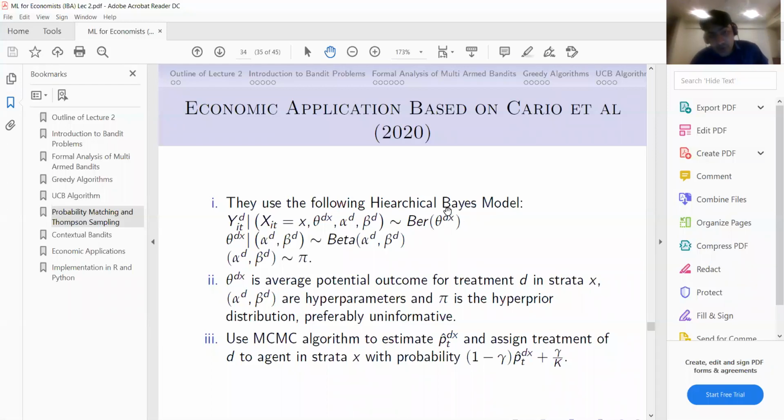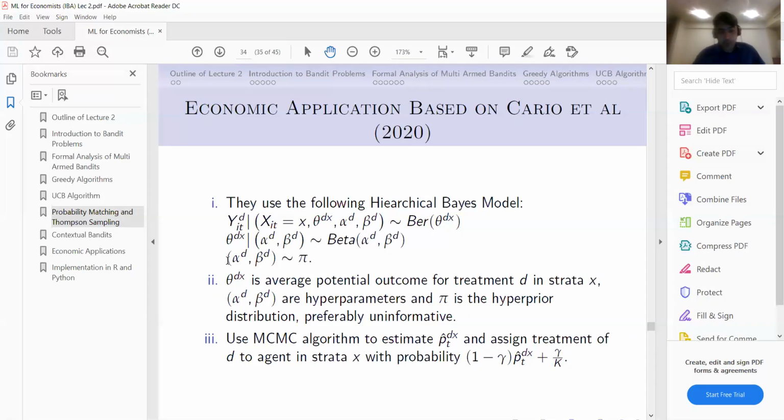The theta, which is the probability of success, remember in the Bernoulli case, has a beta distribution with these hyperparameters alpha and beta, just as before. But there's an additional step: these hyperparameters themselves have to be drawn from a prior distribution.